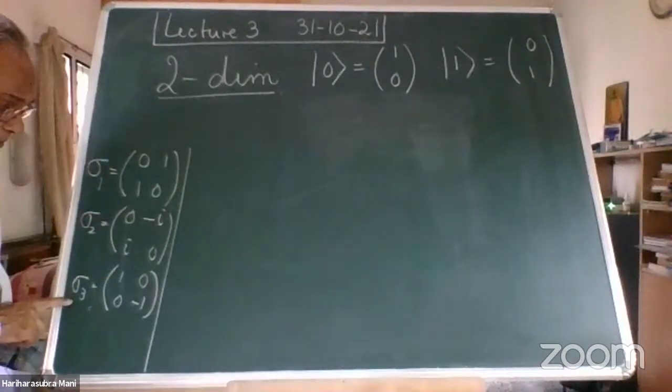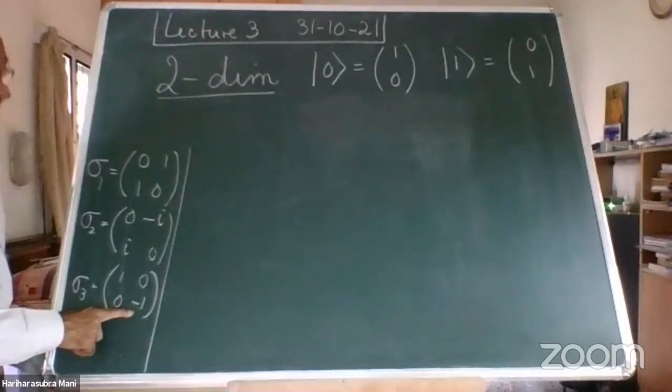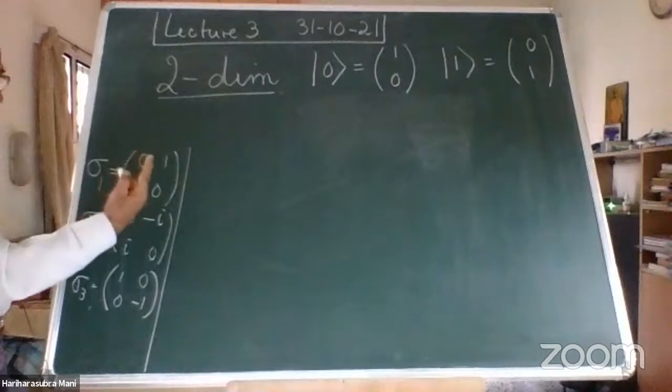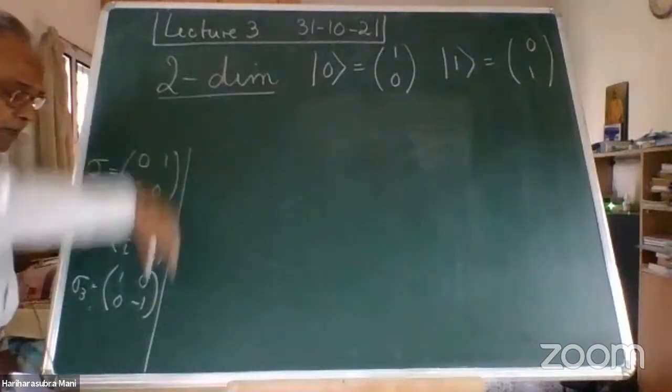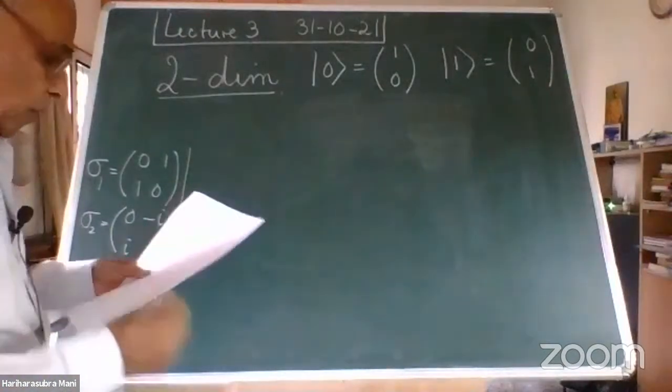The 1 vector is an eigenvector of sigma 3 with eigenvalue -1. So that's why we normally use it to point out spin up for this vector and spin down for that vector. All this I'm sure you people are familiar with.